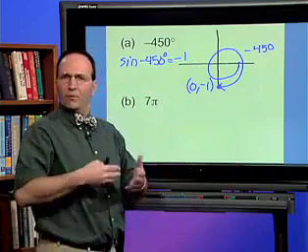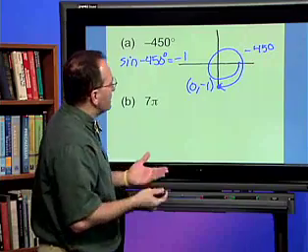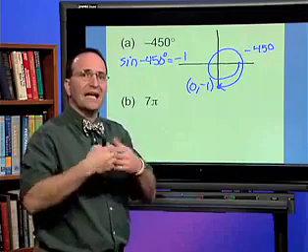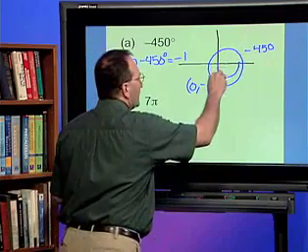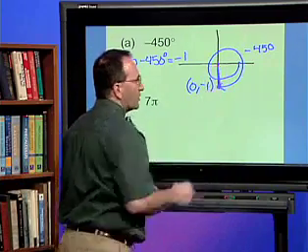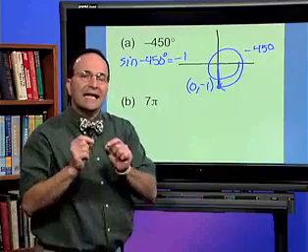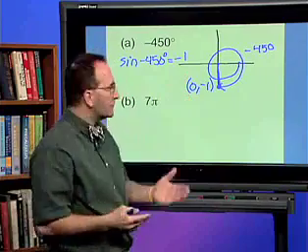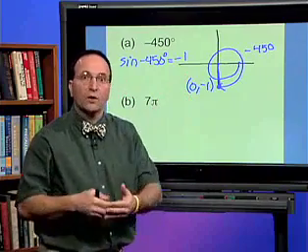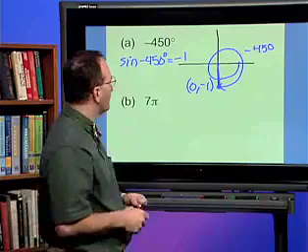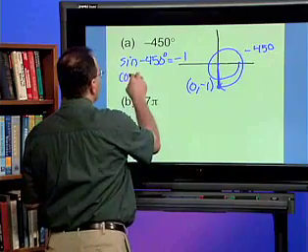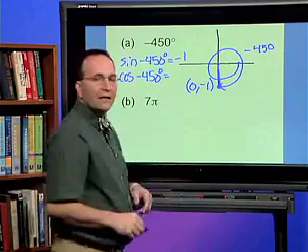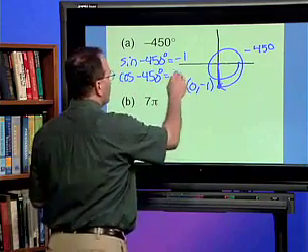If you think about that, what does that really mean? Well, we didn't come up with a triangle, but if you extended the idea, you could see that this is the terminal side, and it has the same value in terms of a distance as the absolute value of the y value. In other words, it has a value of 1. Now, the cosine of negative 450 would be the x value of 0.